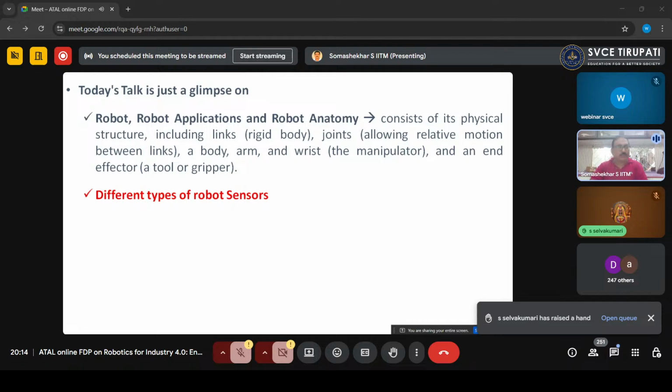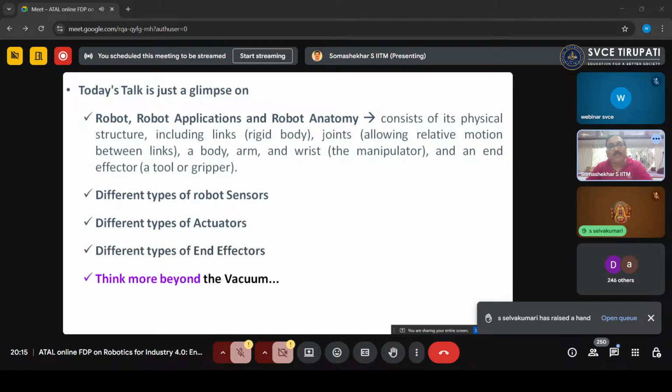Different types of robot sensors are available. Different types of actuators are available. Based on your requirement, your application, and your precision, you have to choose different sensors and actuators for your applications, and different types of end effectors. Please note, friends, every day, every hour, different types of sensors and actuators are coming into the market to meet the customers' huge demands.